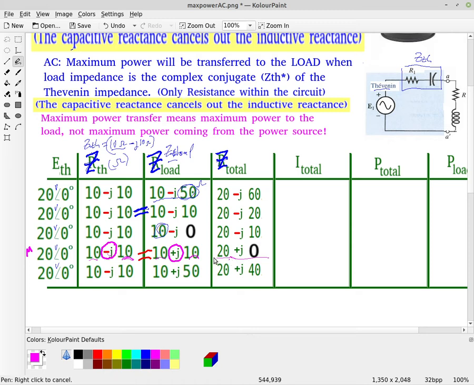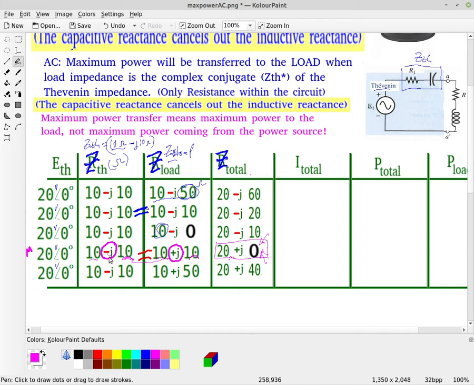Okay, so when you look at the total impedance, where these two are the exact opposite, the reactance goes away. So here the reactance goes to 0.